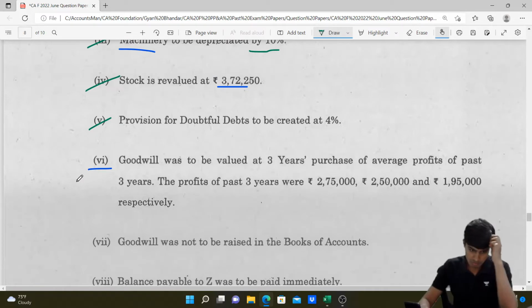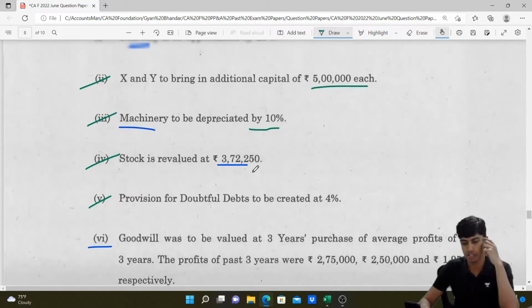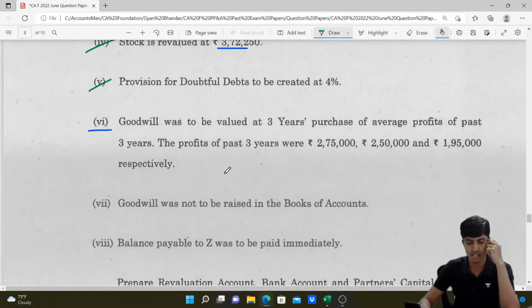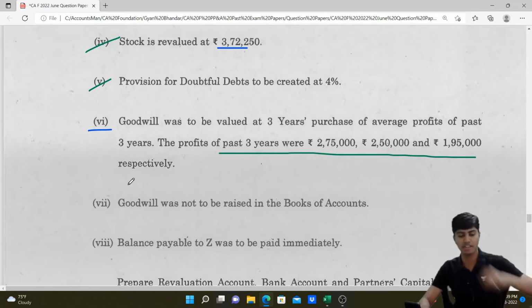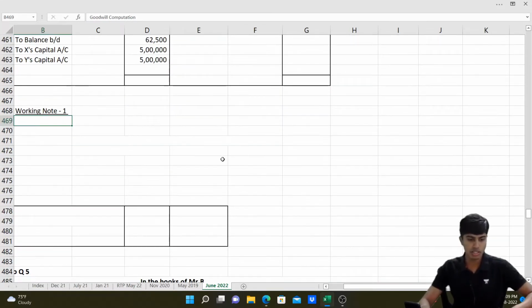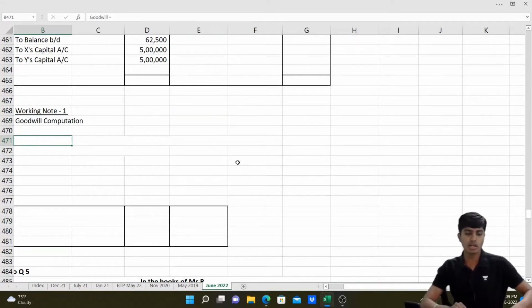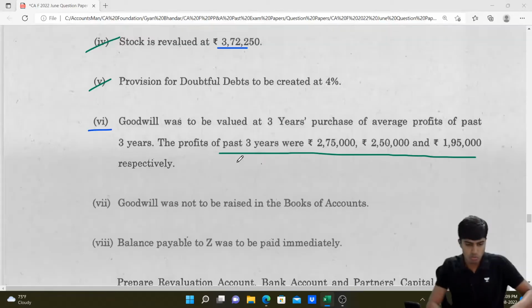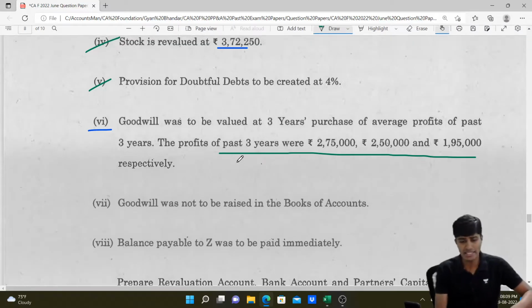Then we have goodwill. Goodwill was to be valued at 3 years purchase of average profits of past 3 years. Profits for the past 3 years are 2,75,000, 2,50,000 and 1,95,000 respectively. Let's do that working note, goodwill computation. How do we compute goodwill? It is 3 years average profit.